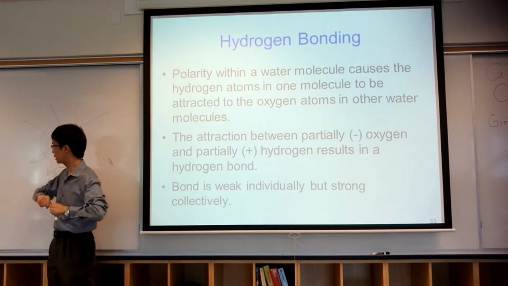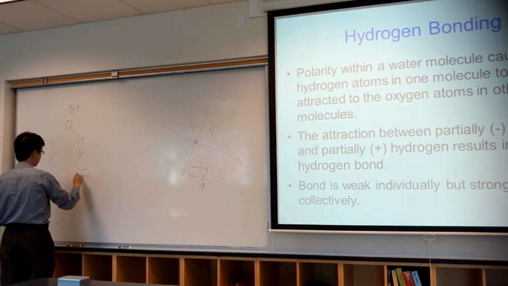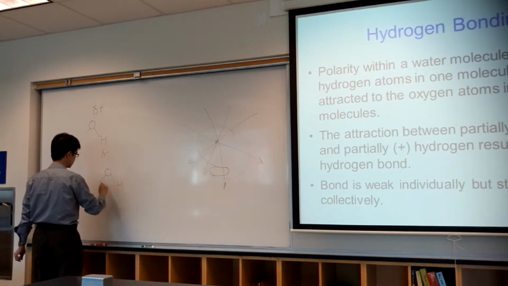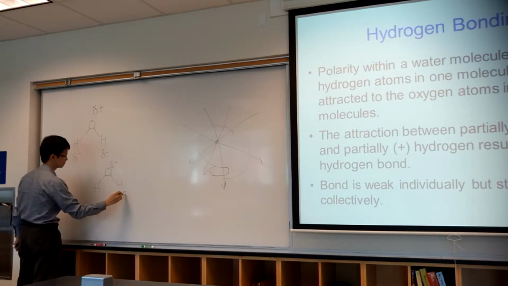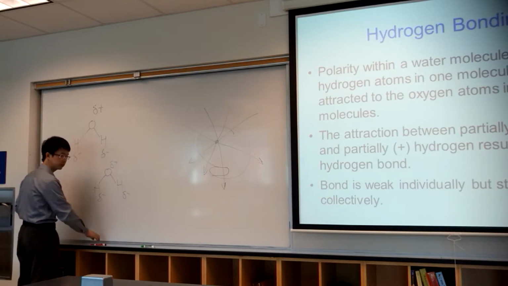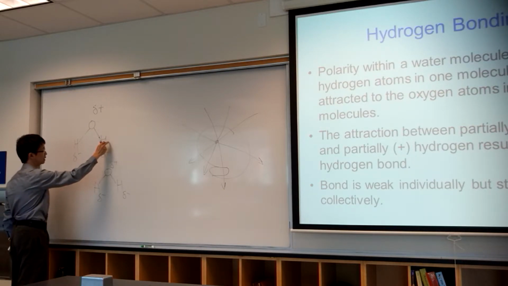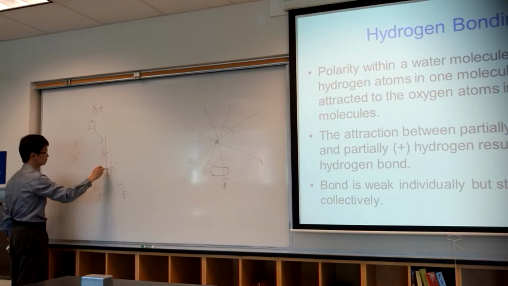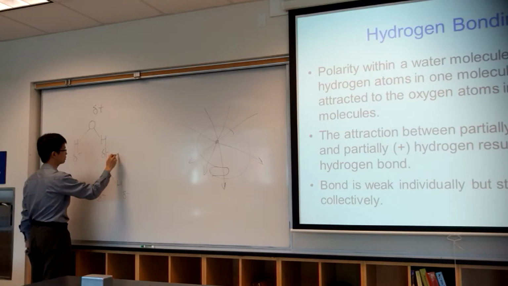So what happens is that when you have more than one water compound together, as we know that opposite charges attract, there's a slightly positive charge here, a slightly negative charge here, then they will form a bond between these two, and then we call this the hydrogen bond.